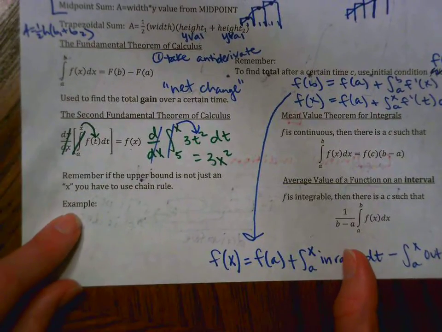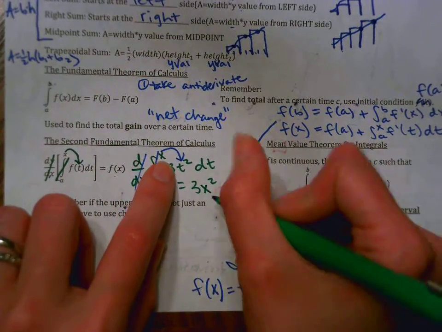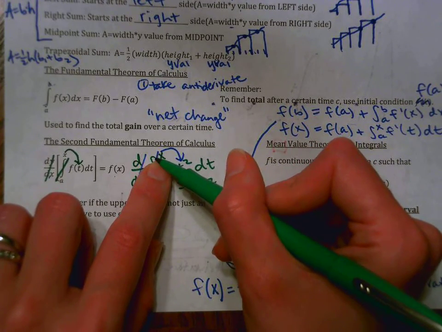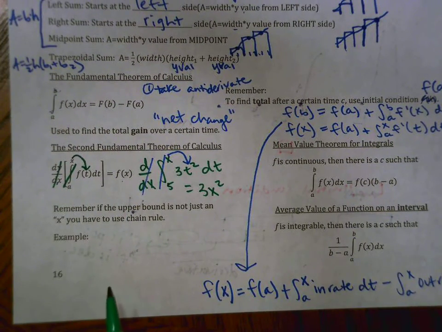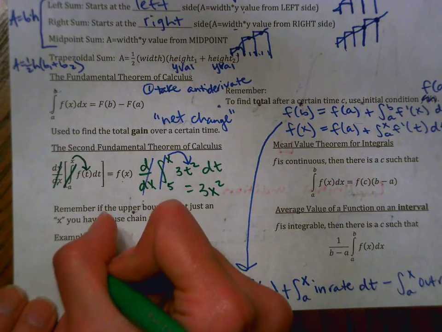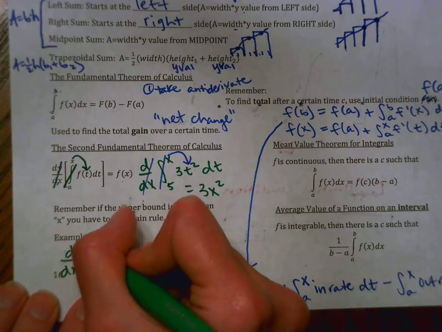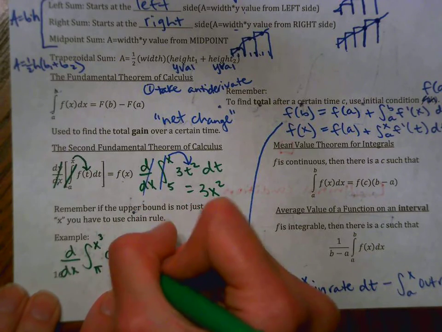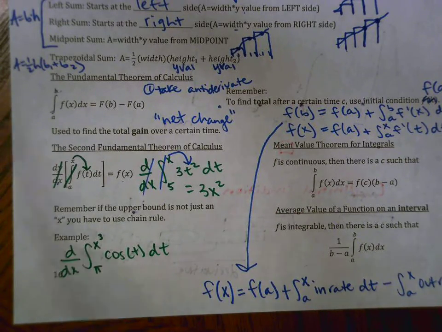So if it's not just x, you're using chain rule. So theoretically what you're doing is times the derivative of what you plugged in, that top boundary, but since it's just 1, you didn't write it. Down here, let's say you have, let's just do an example. So if you have the derivative of the integral, let's say from pi to x cubed of cosine t dt, how would you do that?